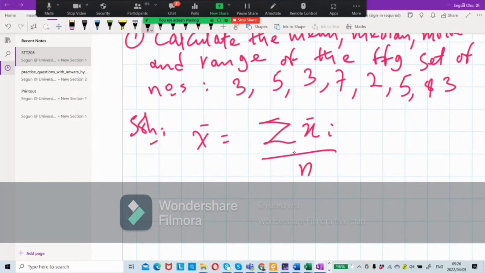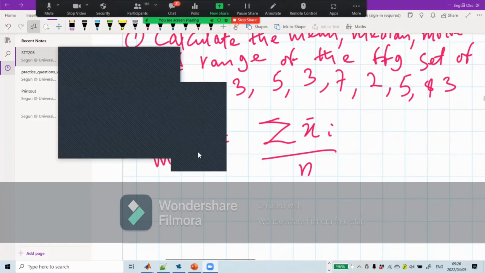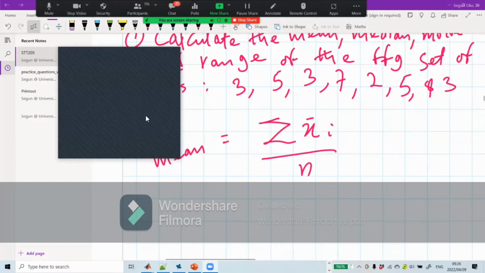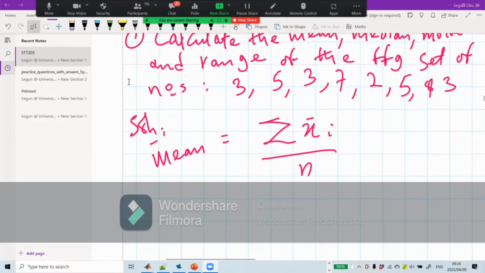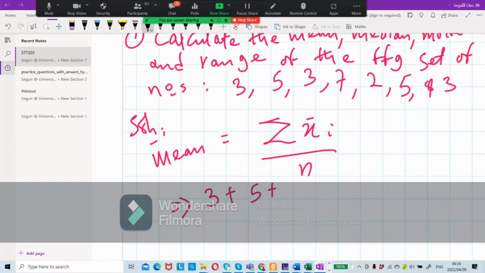So for our mean, let me just put it, mean is equal to, which means we need to add everything together by saying 3 plus 5 plus 3 plus 7 plus 5 plus 3 plus 7.